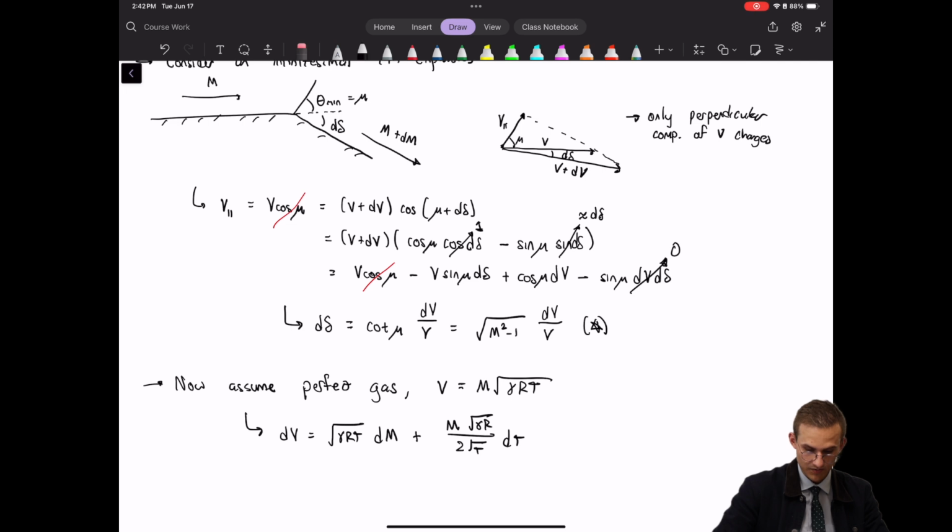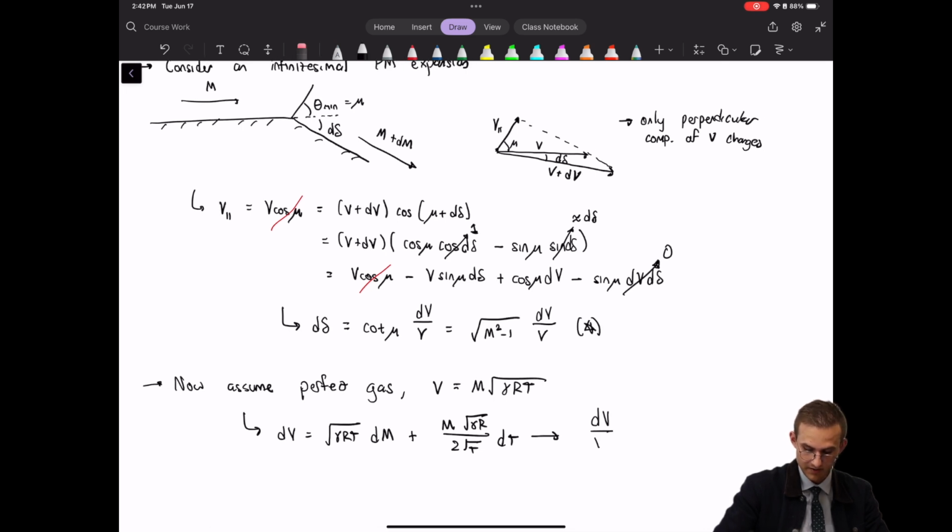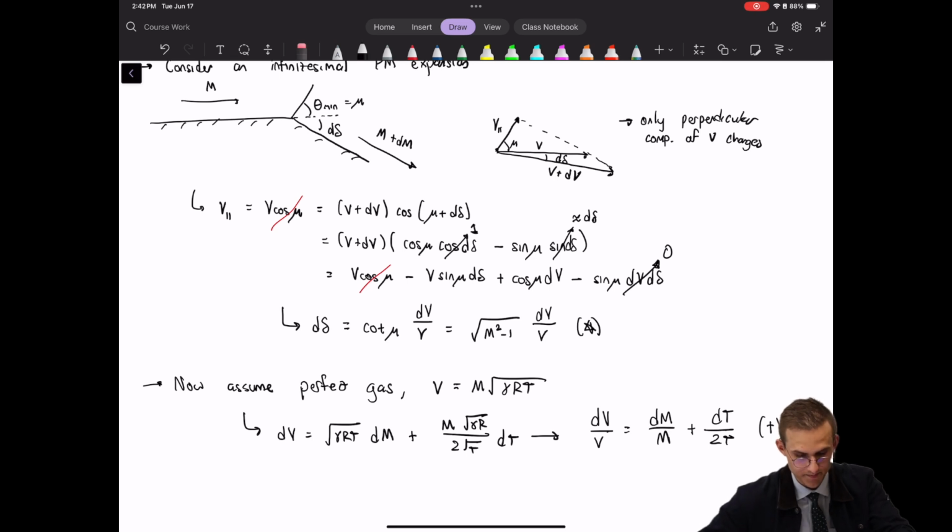And then we divide both sides by that identity directly above. We end up with dv over v equals dM over M plus dT over 2T. And let's label this guy with a dagger. Okay?